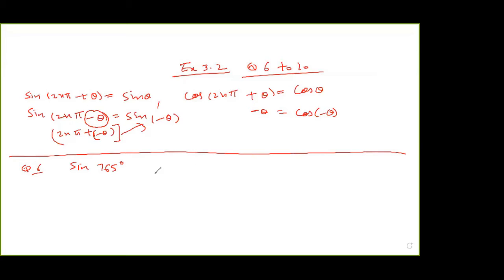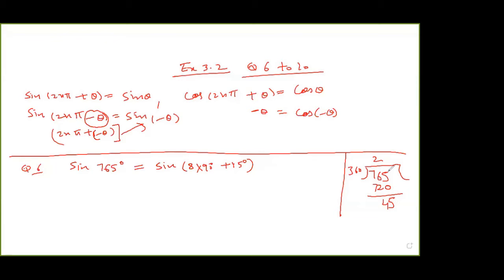You have to write this statement as sine of 765. Dividing 765 by 360, you get 2 as the quotient: 2 times 360 is 720, and the remainder is 45. So it equals 8 into 90 degree plus 45, or you can say 2 into 360 plus 45.